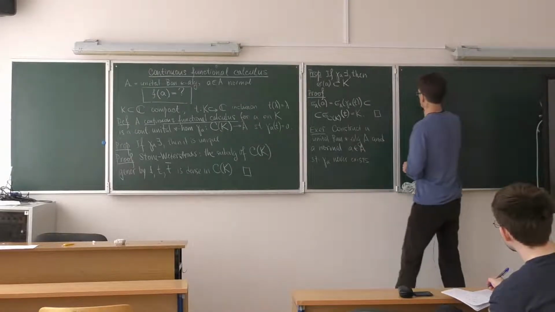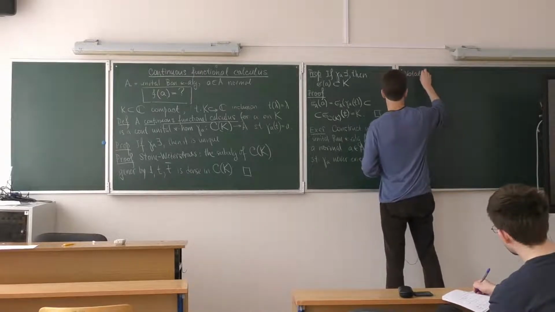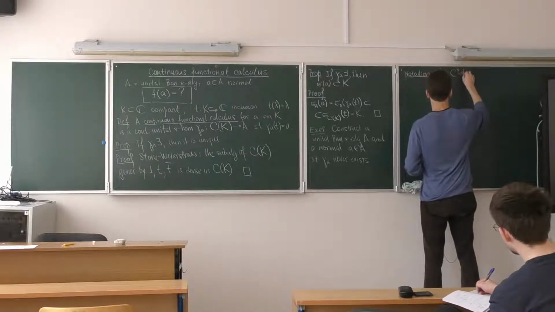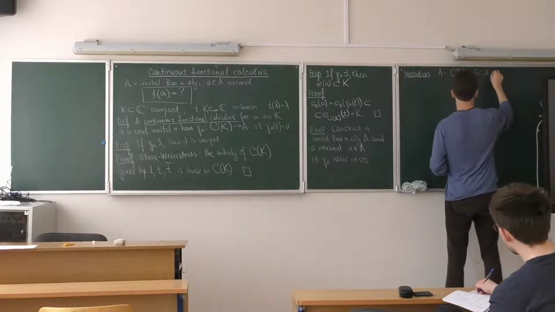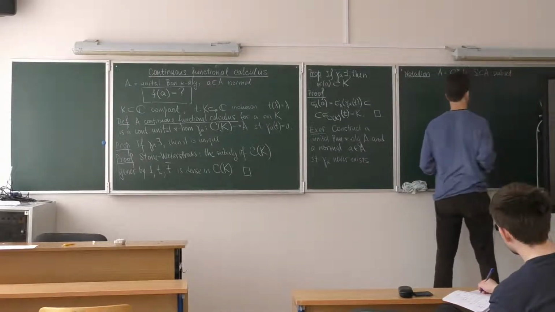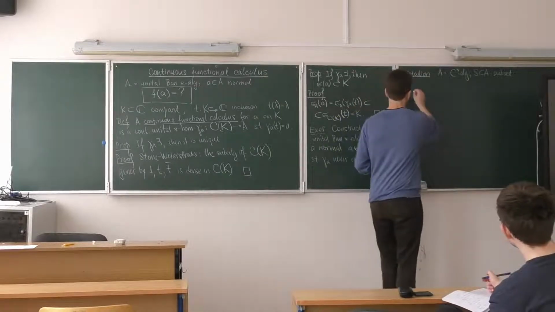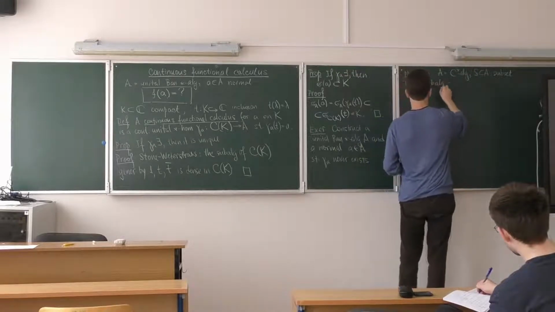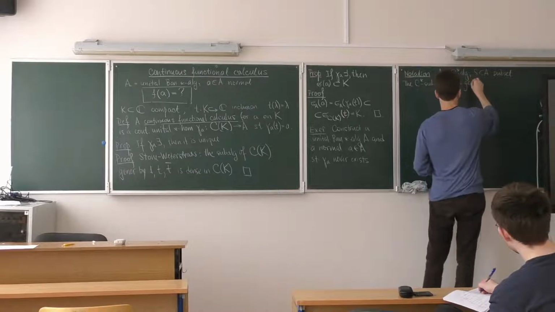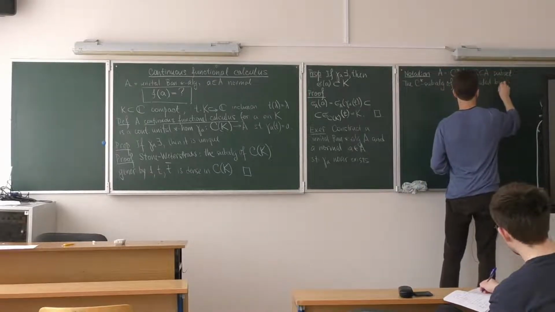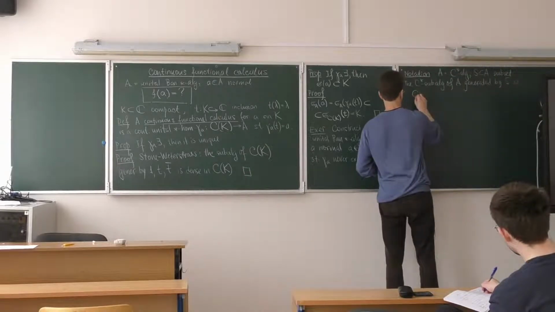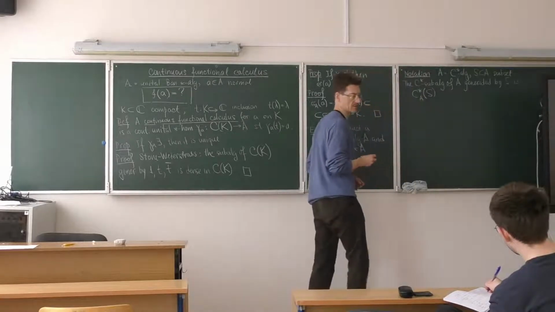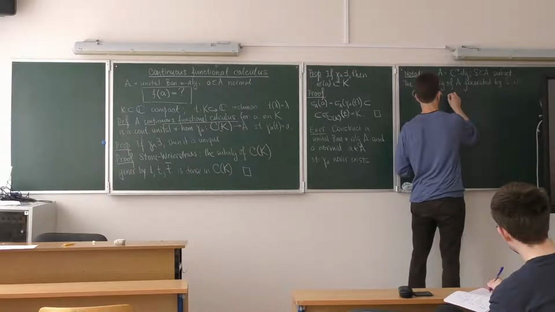Before we prove this result, let's introduce some notation. Suppose that A is a C-star algebra, and S is an arbitrary subset of A. We define the C-star subalgebra of A generated by S to be the intersection of all C-star subalgebras containing S. And we denote this subalgebra like this.